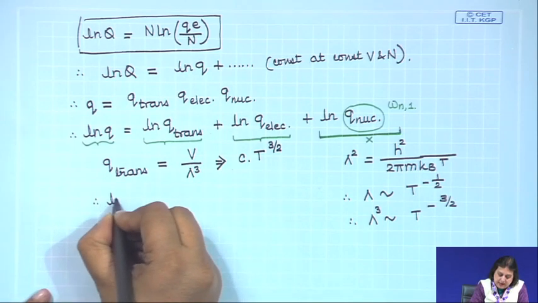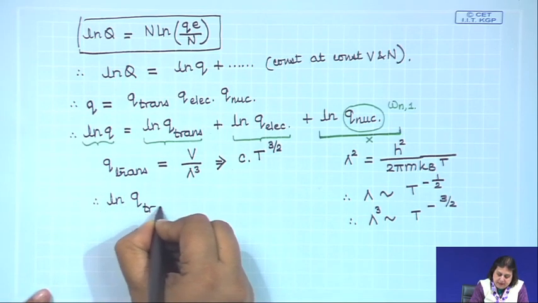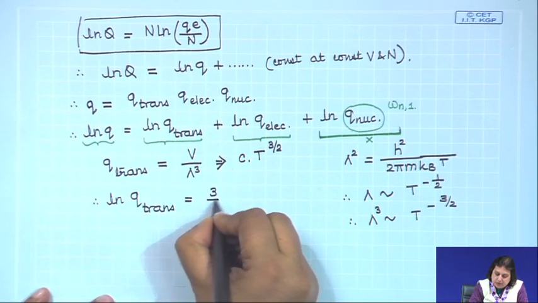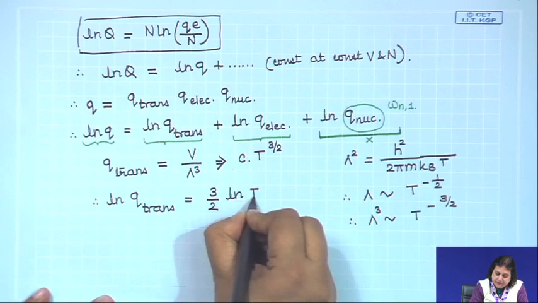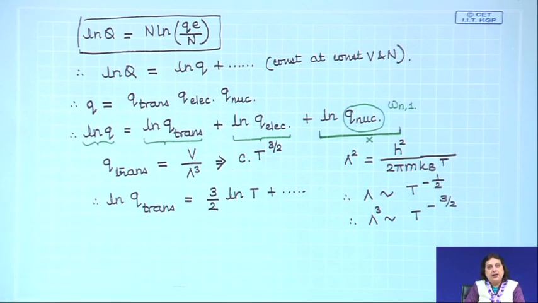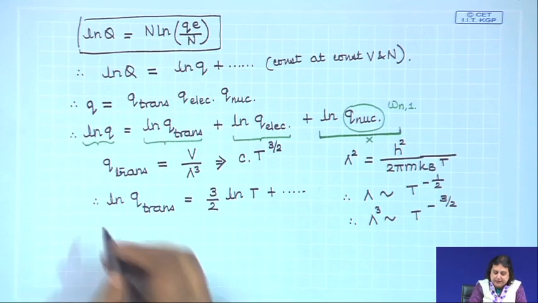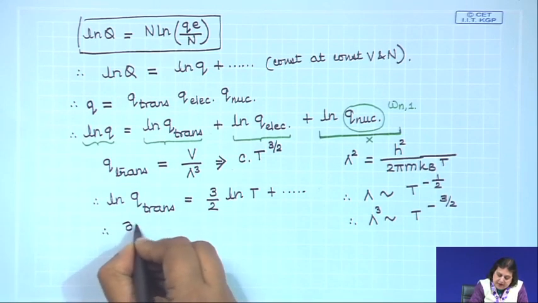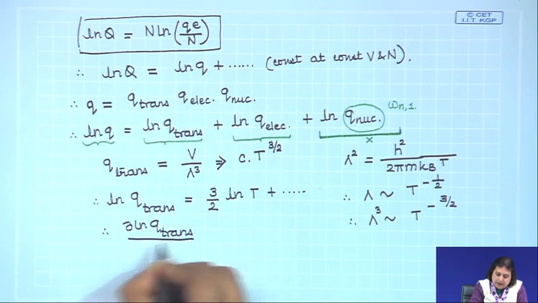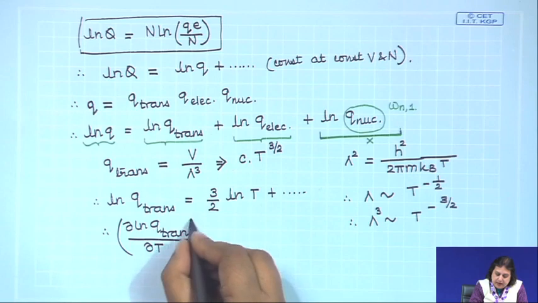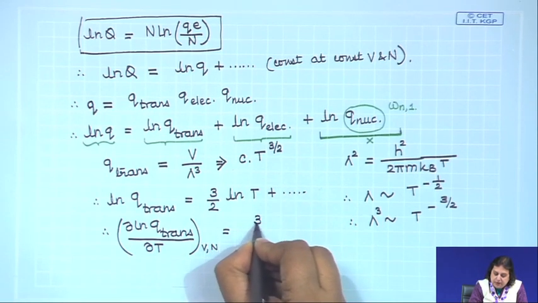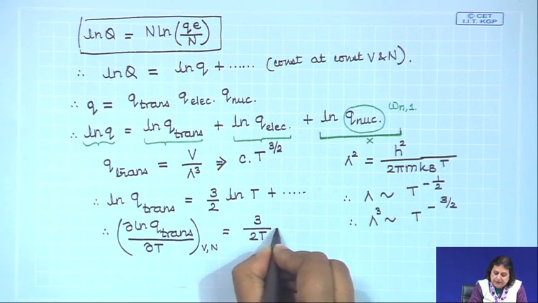Therefore, ln q trans will be written as 3 by 2 ln T plus certain other terms which are constant at constant volume and number of particles, and therefore, del ln q trans del T keeping volume and number of particles constant is going to give you 3 by 2T.